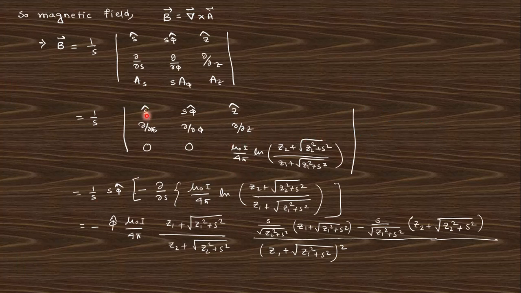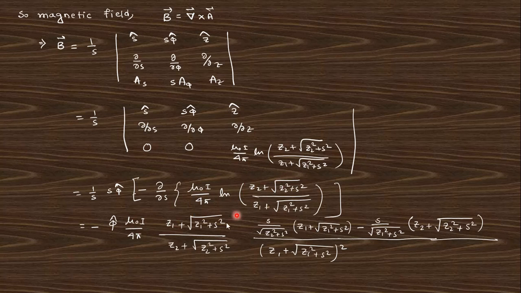Now if you take this, for s cap, del phi will be 0, del z 0. For phi cap, del s is present, and this is 0, and for z cap 0. So only the phi cap component is present, that's why 1 by s, this is s phi cap, and del s of this, that's why minus del s of this. For that mu 0 I by 4 pi is constant, taken out.